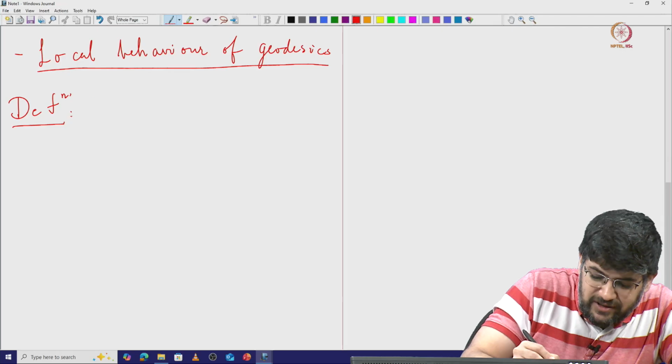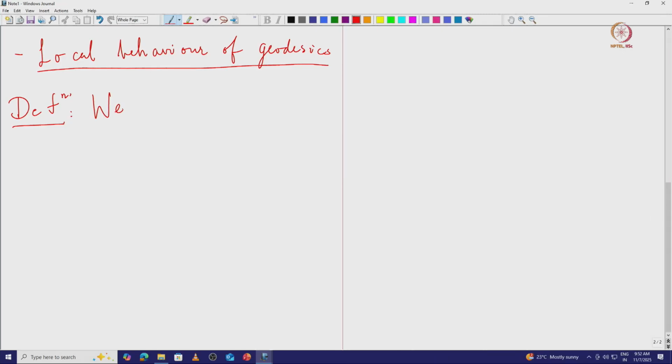So here is a definition. We say that a curve gamma from P to Q is minimal.